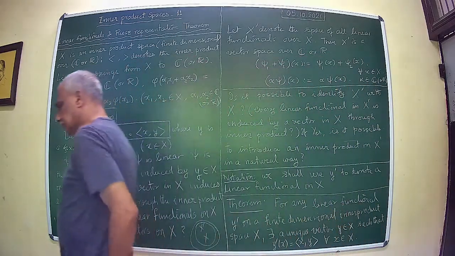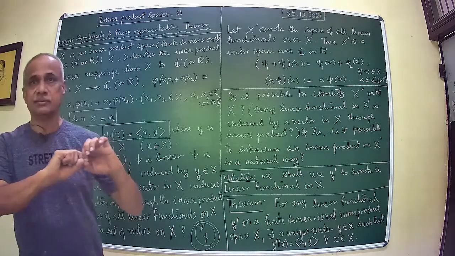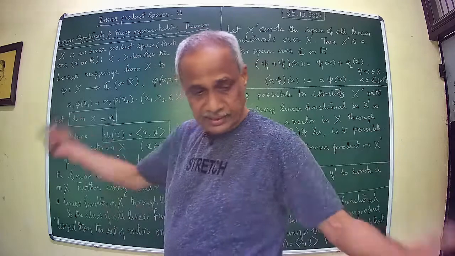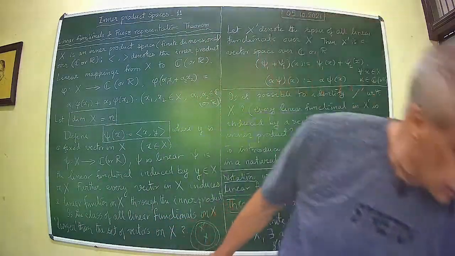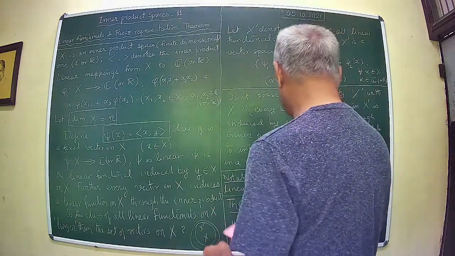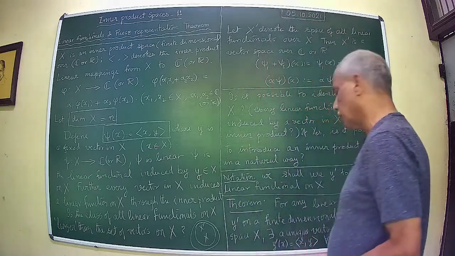So once y prime is given, there is a vector y in the vector space X so that y prime of x is the inner product of x with y.